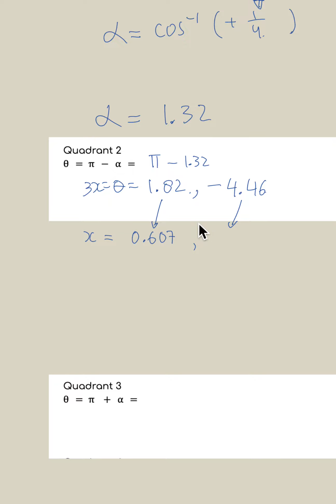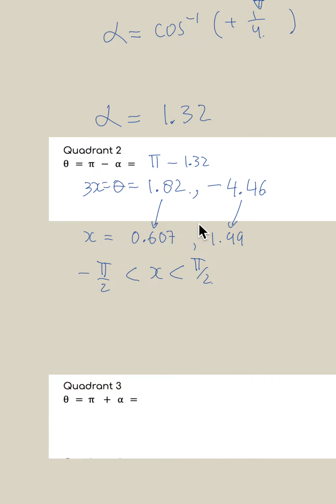How about negative 4.46? Divided by 3, you get negative 1.49 radian. Is that within the range? Yes, because pi over 2 is 1.57 something.